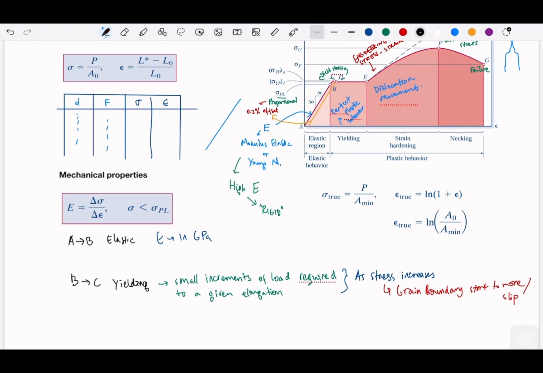And B to C and to E. B to C, to D, and then to E. Okay, the whole thing here. And then E to F is strain hardening.